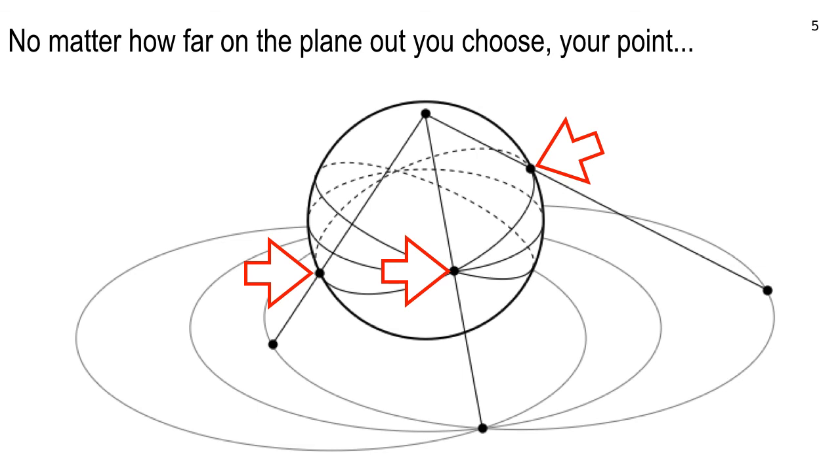The further out you go, the closer the poke-through point gets to the North Pole. So let me repeat that. You can jot it down in your notes. The further out that you go on the plane, the corresponding poke-through point is going to be closer and closer to the North Pole.